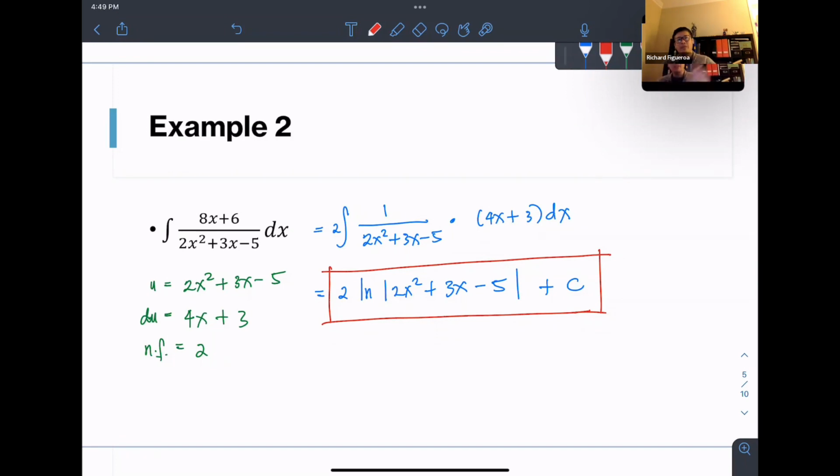So unlike with our previous example, it is the differential du which is in excess as compared to the integral. In those cases, the neutralizing factor is less than 1. Okay?